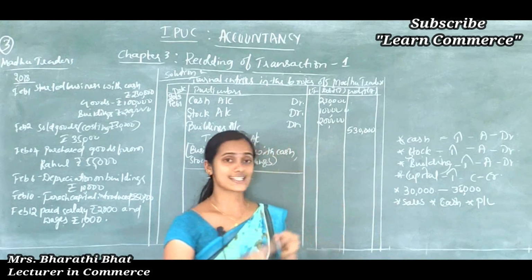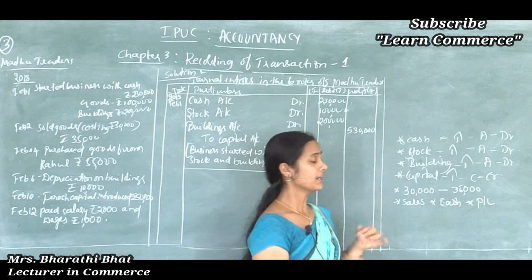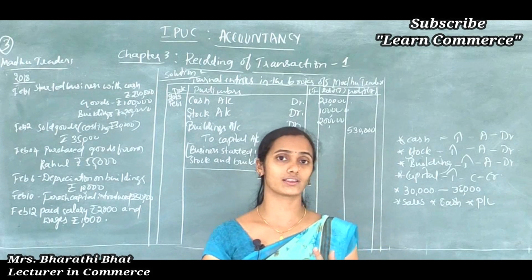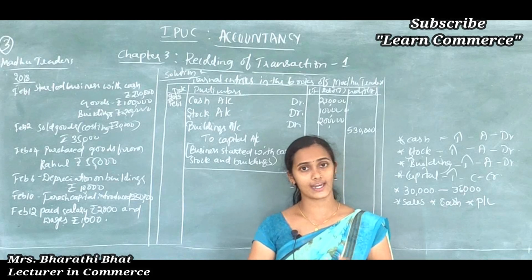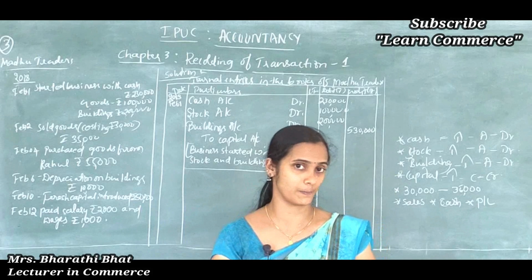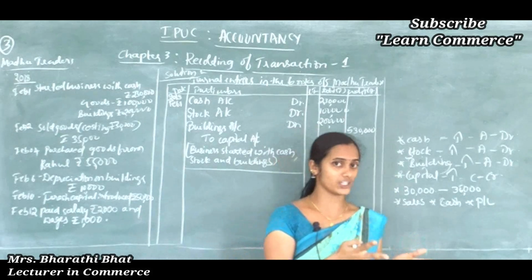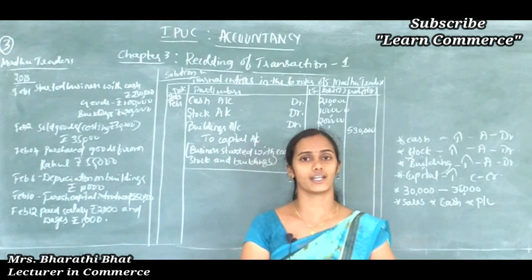So here sales account, cash account and profit and loss account. Why? Because 30,000 worth asset sold at 35,000. So that 5,000 rupees deviation is considered as profit for the organization.